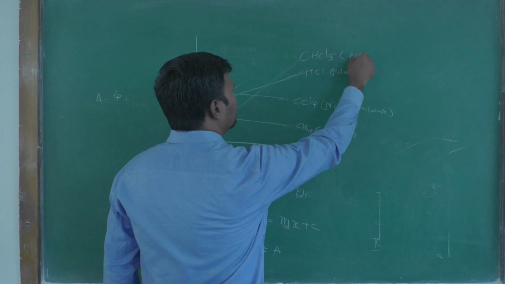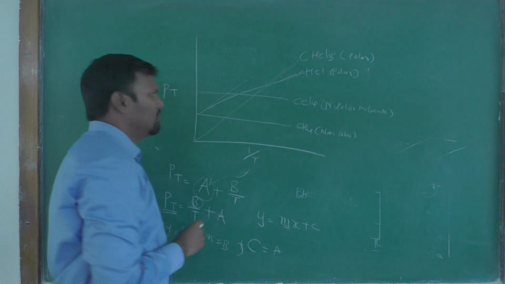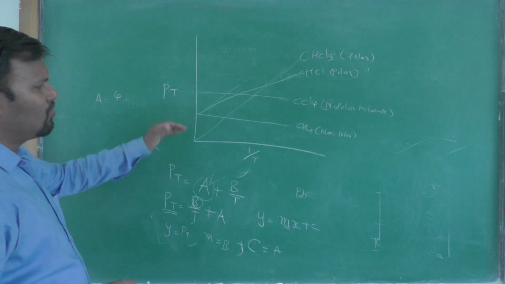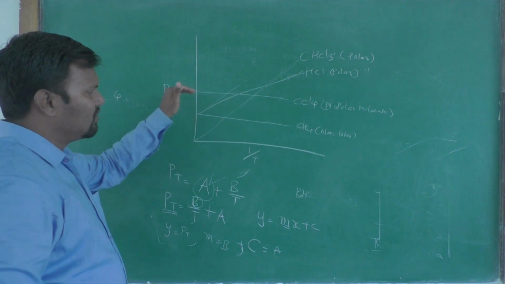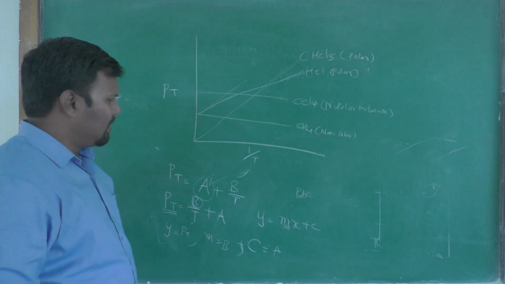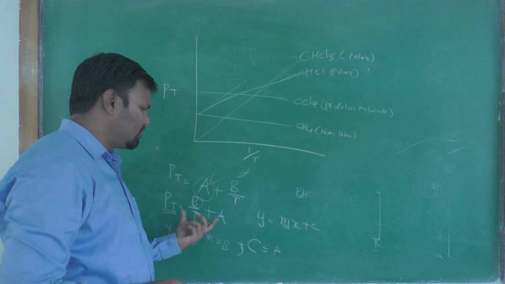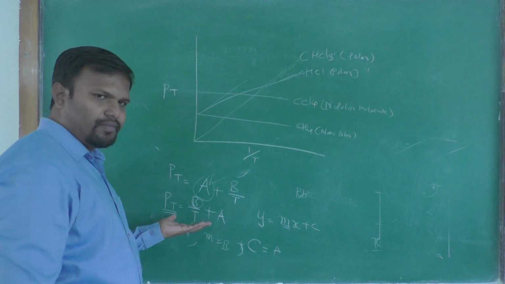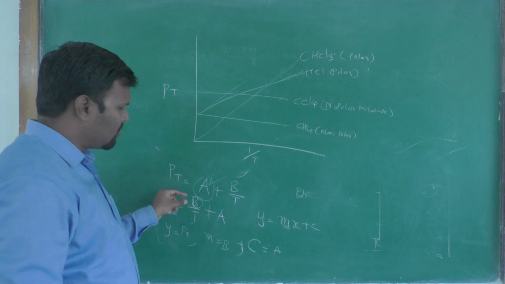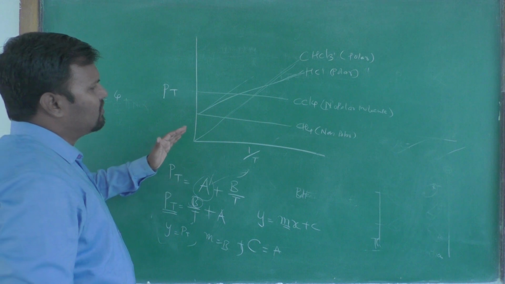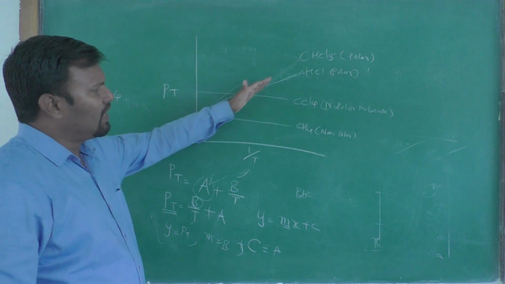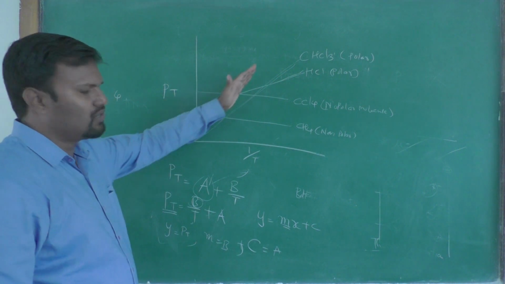For polar molecules the total polarization increases, and for non-polar molecules it remains constant. For polar molecules the slope is constant, therefore that particular line moves upward.